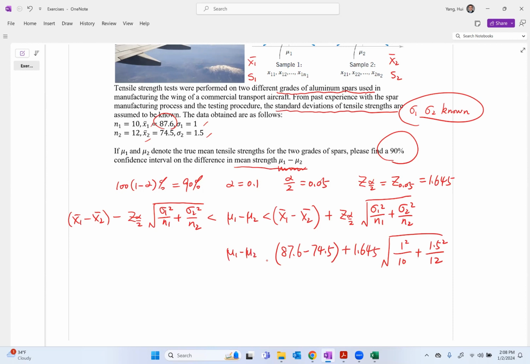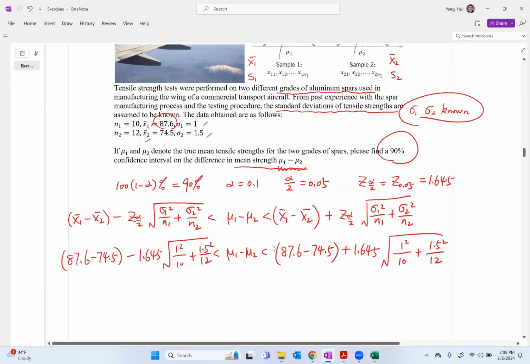So mu1 minus mu2 is less than this, and greater than the other side, where similarly we just have a negative sign. So it is minus 74.5, and a negative sign here on 1.645. Still we have 1 square over 10 plus 1.5 square over 12. In this way, we will get the 90% confidence interval.